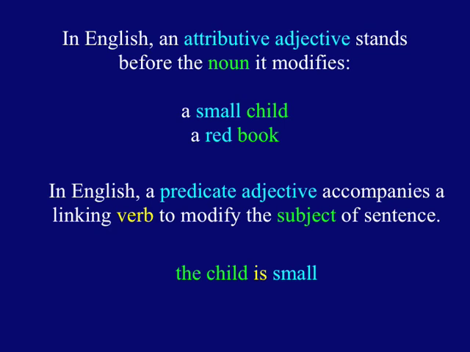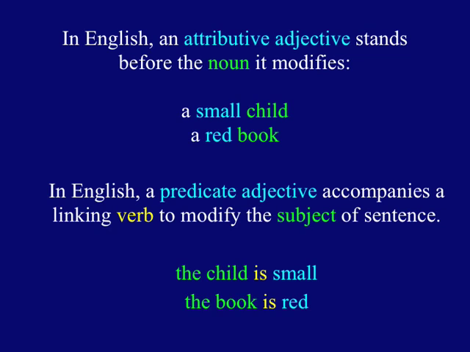That is, the adjective, with the help of this linking verb in English, is itself a predicate. It joins with the noun child to create a complete sentence. A child is small, or the child is small. A book is read, or the book is read.